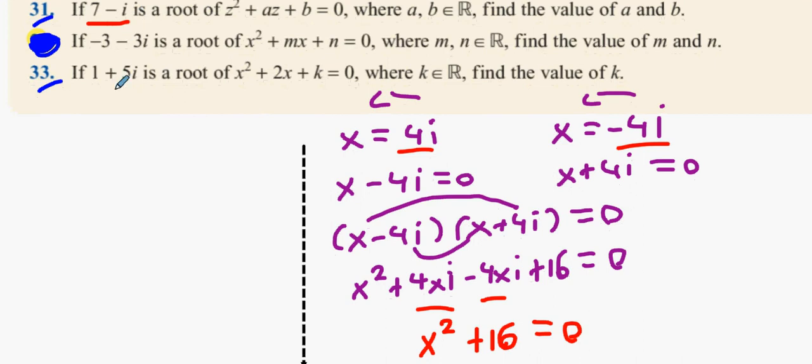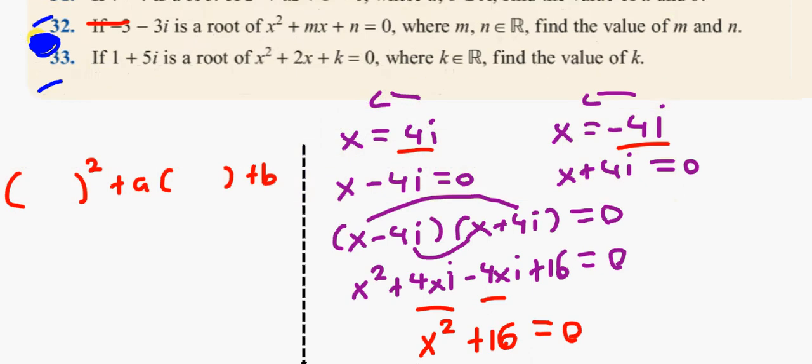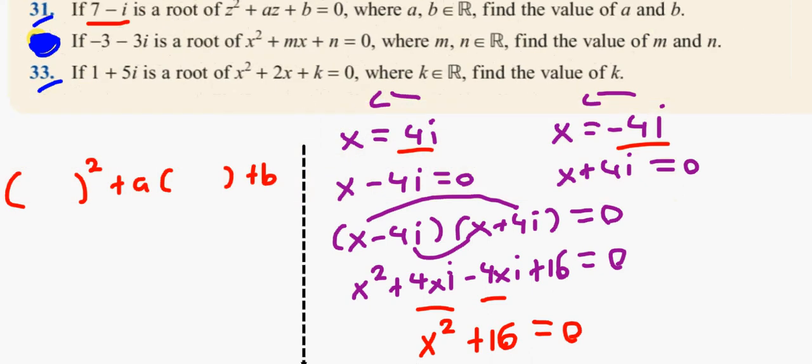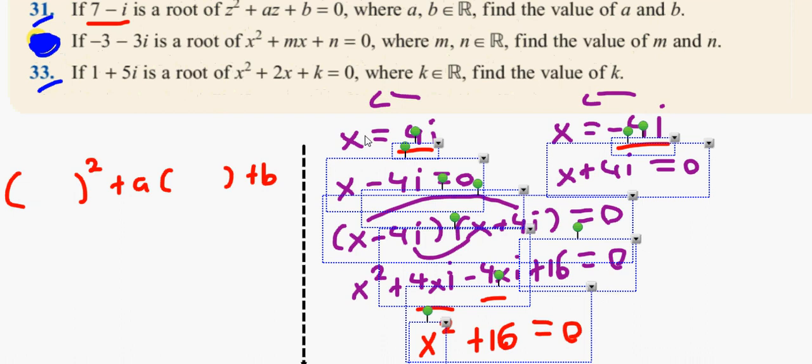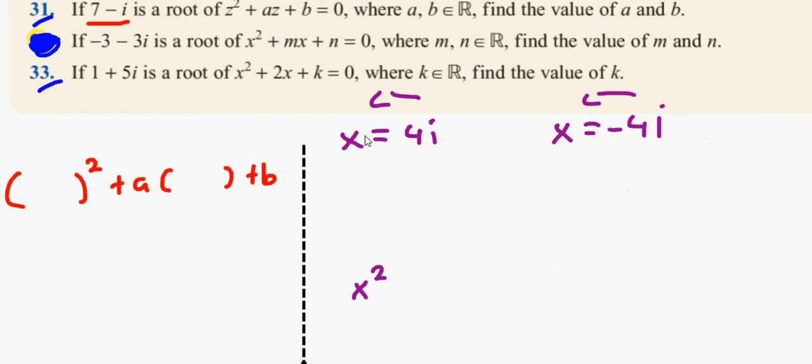What does a root generally mean? What happens when you sub a root back in? Come on, lads. That's the name of the game here. What happens when you sub a root back in? Well, it should be the same, shouldn't it? It should balance the equation. Is what we're trying to get at there.